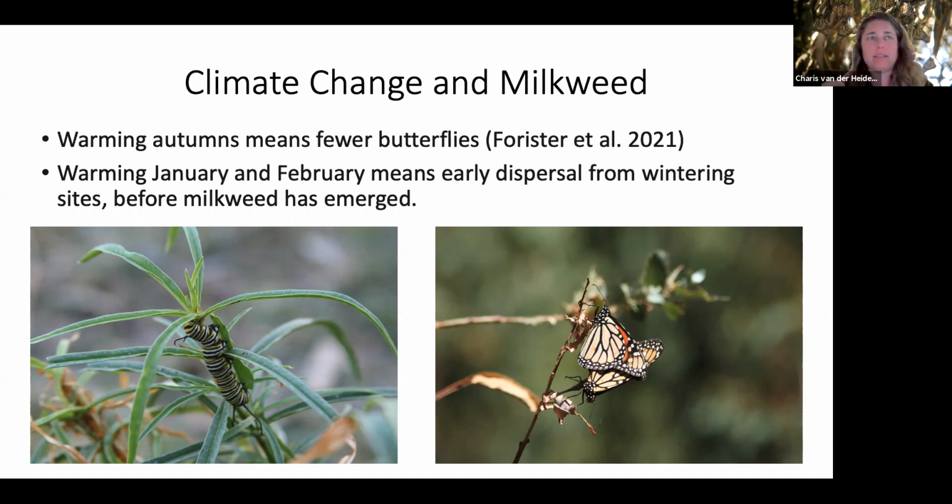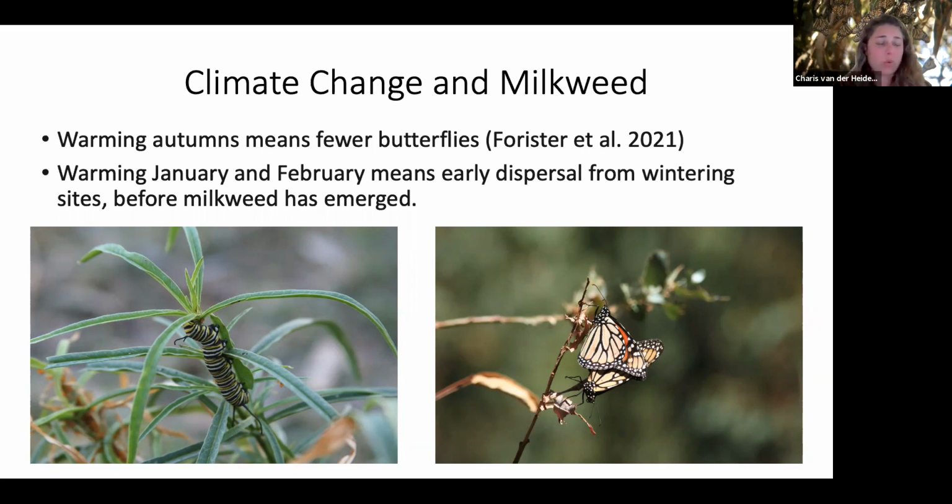So they go into this diapause where they put their reproduction on hold in the fall, and that gives them the energy that they need to sustain that longer life, that shift from living 1 month to living 8 months through the winter. So warming temperatures can influence that chemical shift.